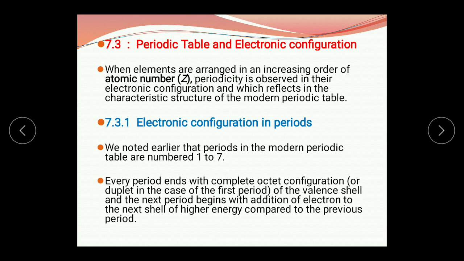So the next period, every period we can say, begins with the addition of an electron to the next shell of higher energy compared to the previous period. Suppose the first period has only two elements, hydrogen and helium. Then if we see, the second period begins with lithium, atomic number 3.